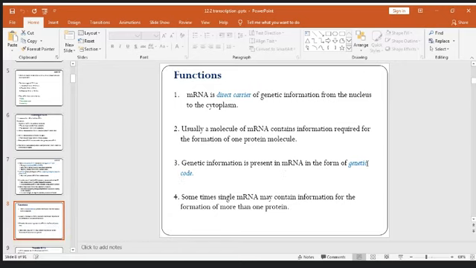The genetic code has 3 nucleotide sequences. For instance, AUG is a start codon, and it translates to the amino acid methionine. So sometimes a single messenger RNA may contain information for the formation of more than one protein.